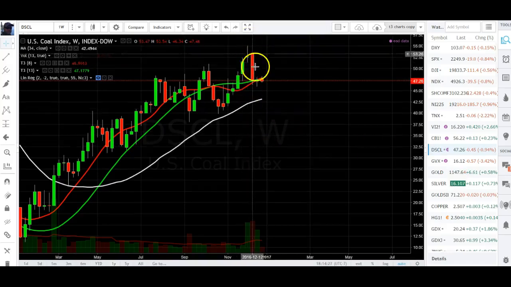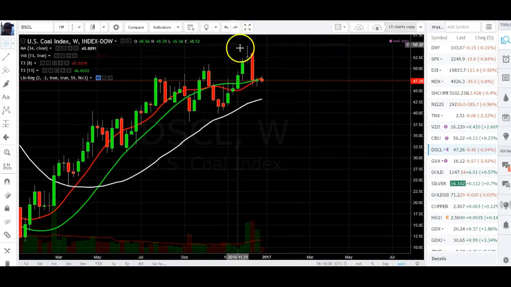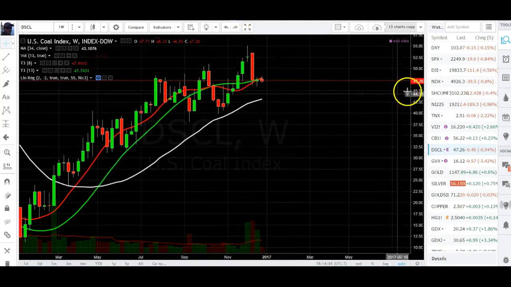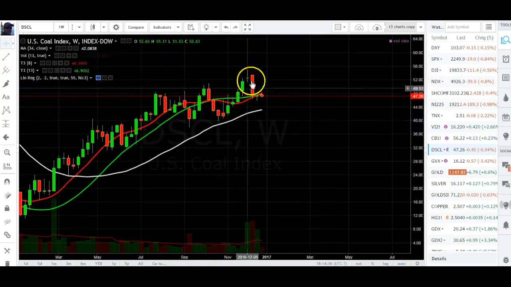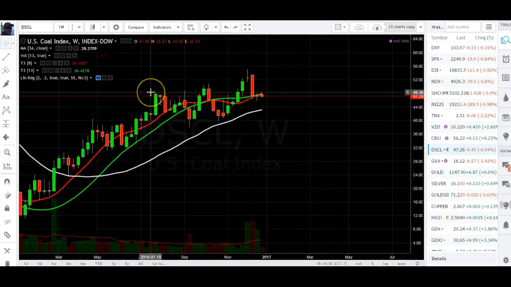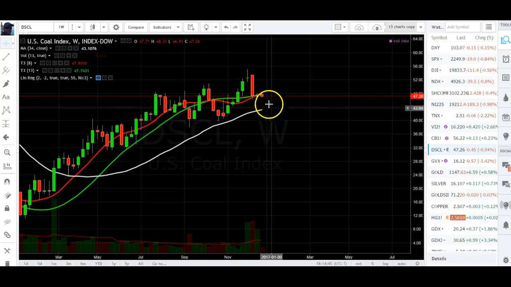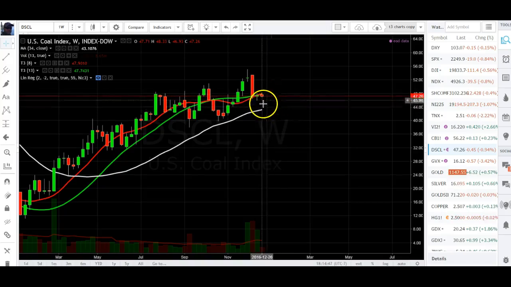Coal. Bad bearish candle there. 3-bar pattern now. 3-bar reversal. It's closing below previous highs. Now it's closed below the EMA and the 13. Price is tight in here.